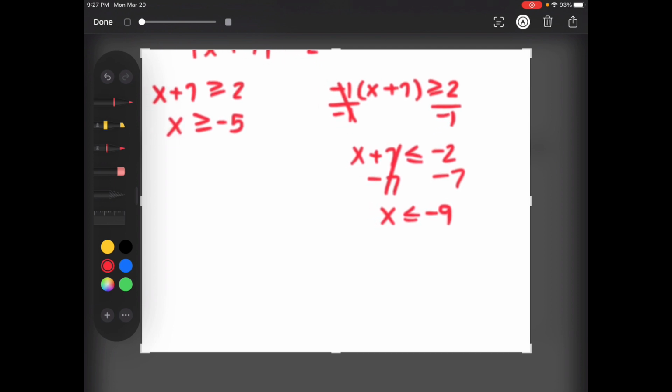So x is greater than or equal to -5 or less than -9, because those two things can't be true at the same time. That's how you know it's an or. And it's excluding the values between -9 and -5.